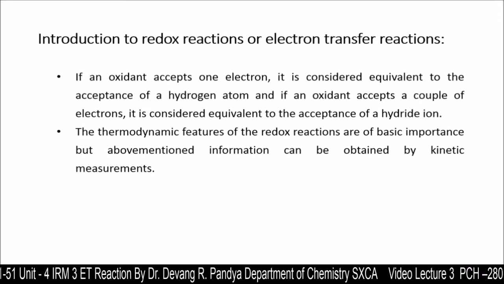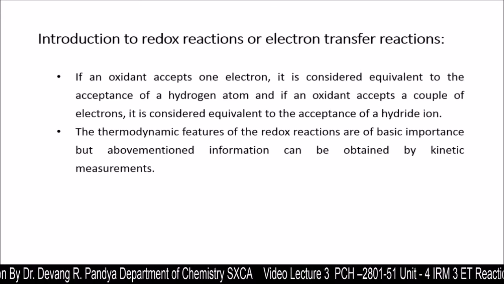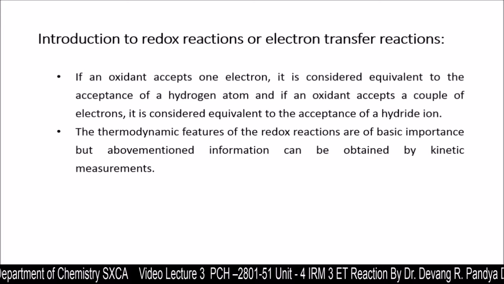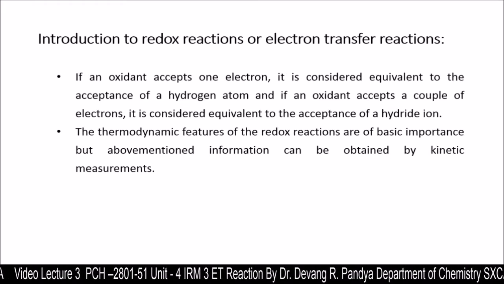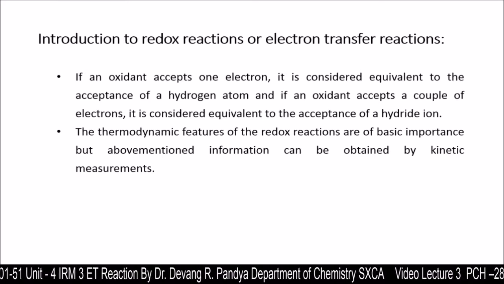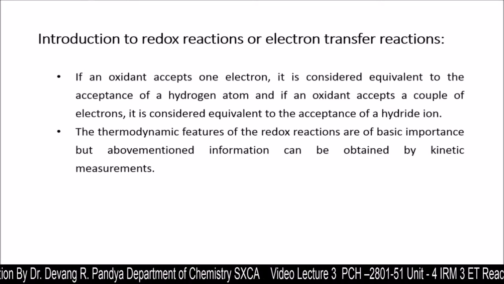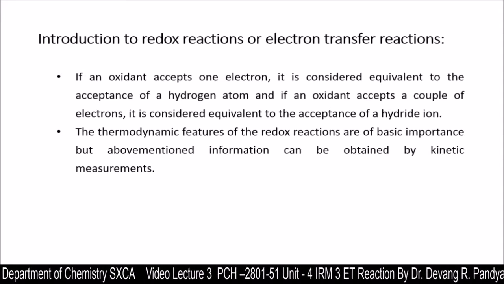The thermodynamic features of redox reactions are of basic importance, but the above mentioned information can be obtained by kinetic measurements. So kinetic measurements give information regarding whether the oxidant will accept a single electron or a couple of electrons, that is, whether we can consider it equivalent to a hydrogen atom or to a hydride ion.